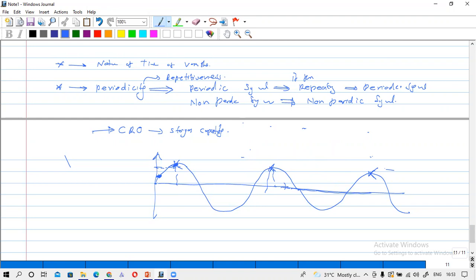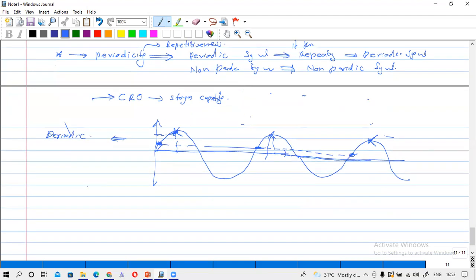If you use this point, that one is also repeating after this time period. So using a CRO, you will see only the repeating signal. This repeating signal we call a periodic signal.